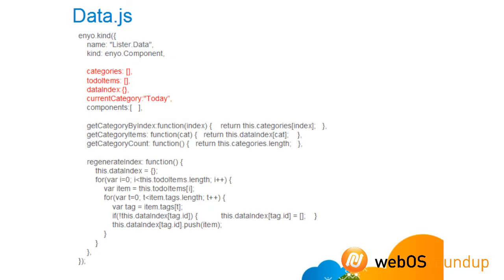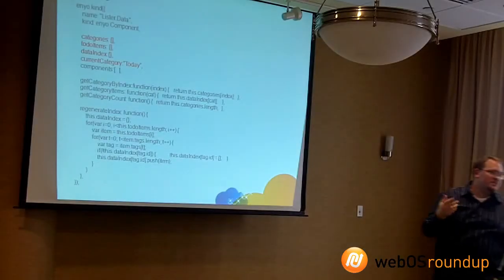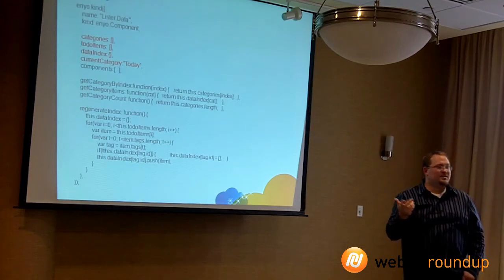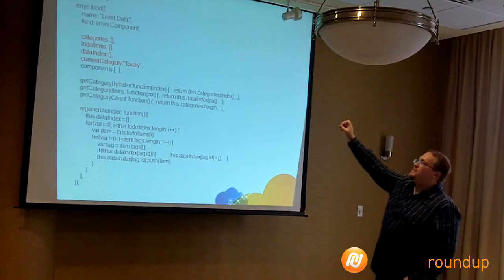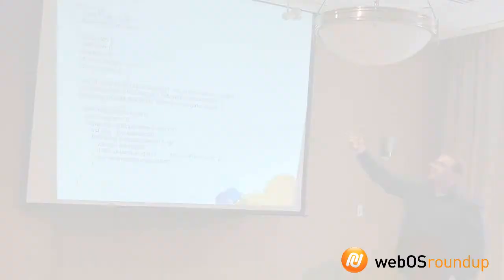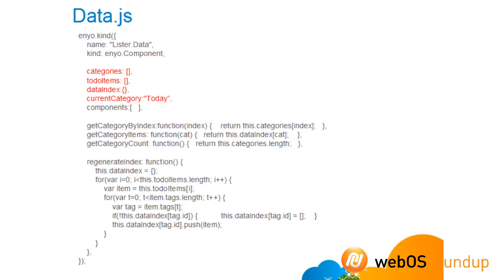Structure. Who's done JavaScript programming before? So you're familiar with objects and arrays? Anyone not familiar with what those are? It's painful. Okay, so y'all understand what this means. Categories is the beginning of an array. To-do items is the beginning of an array. Data index is an object. Current category is a value of today.